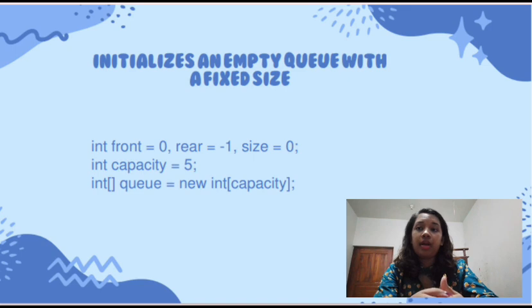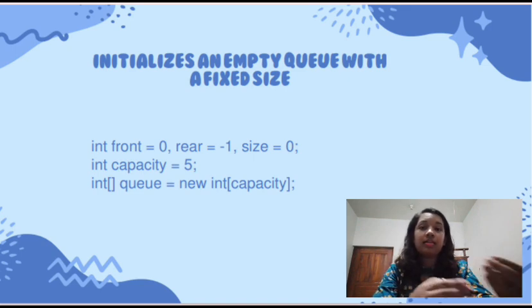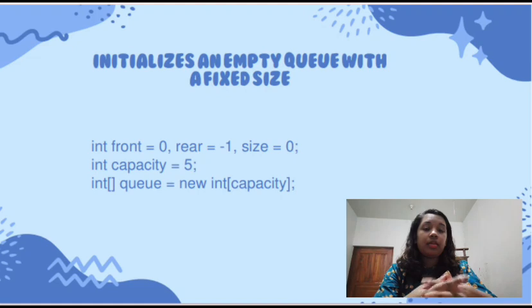First the front is assigned as 0, and it points to the first element in the queue, and the rear is -1, which means the queue is empty, and the size of this queue is 0, and it keeps track of how many elements are in the queue, and the capacity of this queue is 5, which means the maximum number of elements the queue can hold.